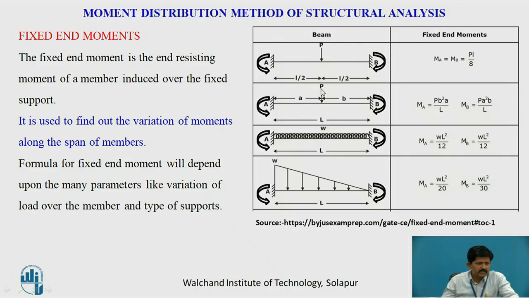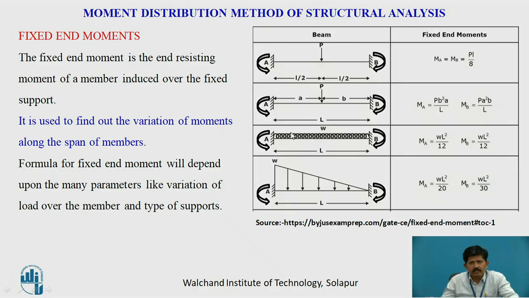And if we have an eccentric load which is at a distance of a from end A and at a distance of b from end B, then MAB is equal to Pb square a upon L squared and MBA is equal to Pa square b upon L squared.